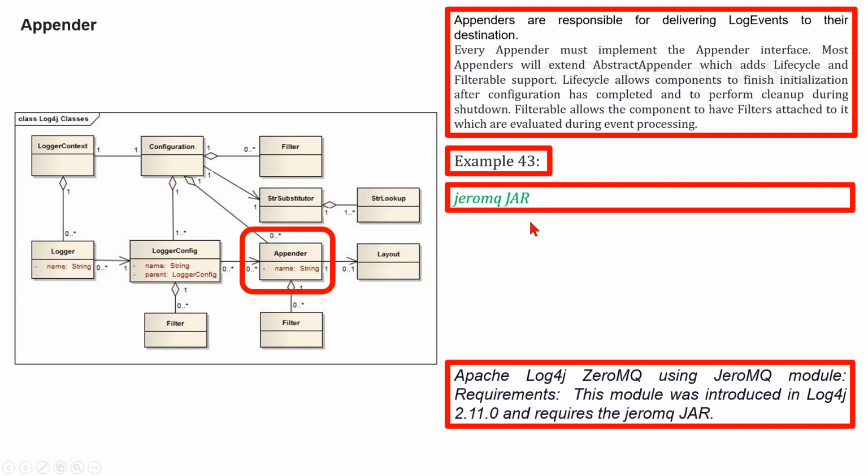Now we're considering the requirements: this module was introduced in Log4j 2.11.0 and requires a JeroMQ jar. Some features may require optional dependencies. These dependencies are specified in the documentation for those features. Some Log4j features require external dependencies.